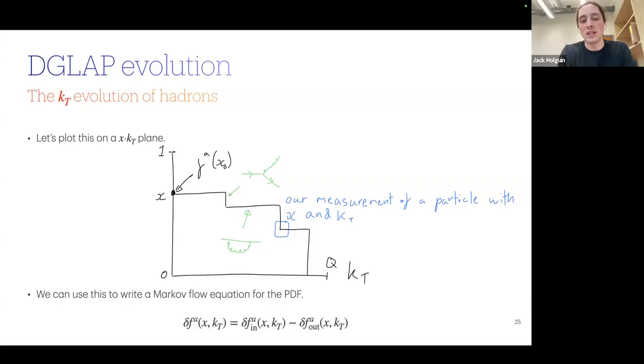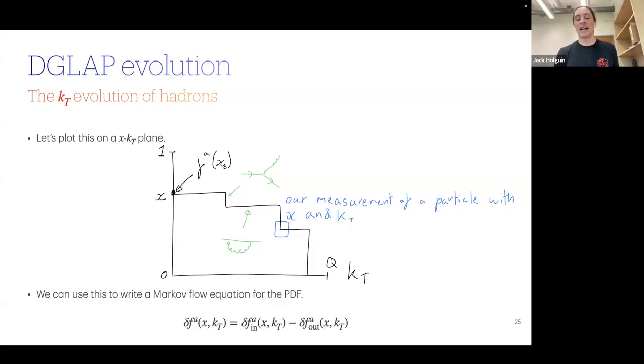But it has some fraction of the proton momentum, which is the value of y on this plot. And as it progresses towards our hard process, where it's going to scatter towards our measurement, it's going to take some path through this plane. And our measurement I've drawn on here is the blue box. That's where we are specifying in our measurement that we have seen a quark with a momentum fraction x and some transverse momentum kt.